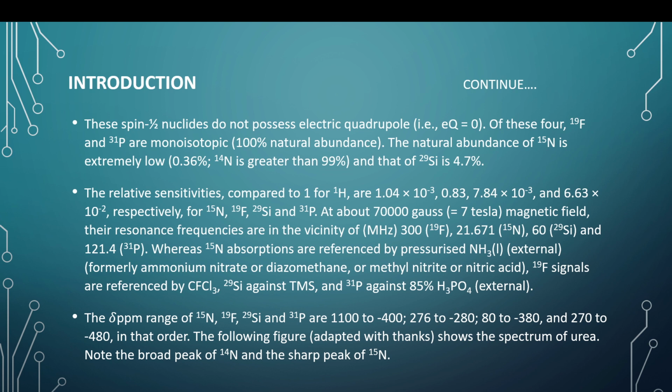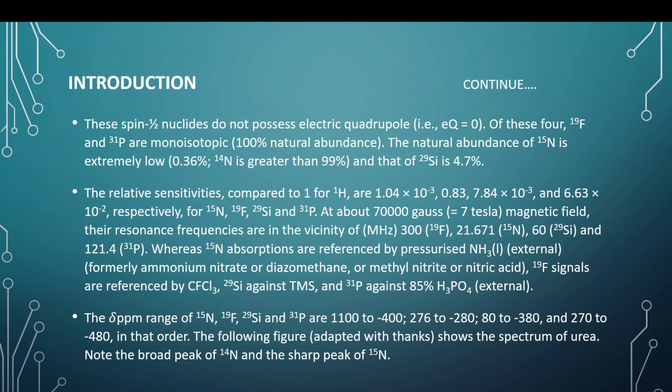At about 7 Tesla magnetic field, their resonance frequencies are in the vicinity of 300 MHz for fluorine, 21.67 MHz for nitrogen-15, 60 MHz for silicon-29, and 121 MHz for phosphorus.